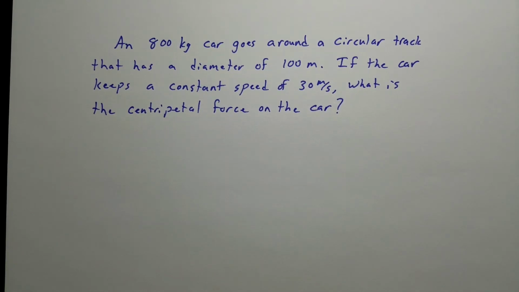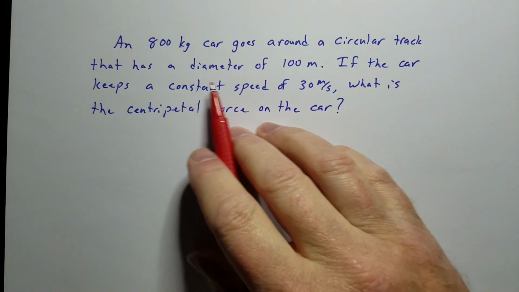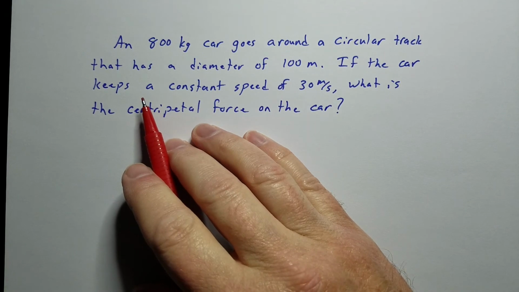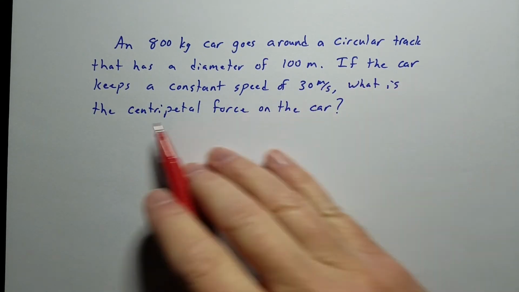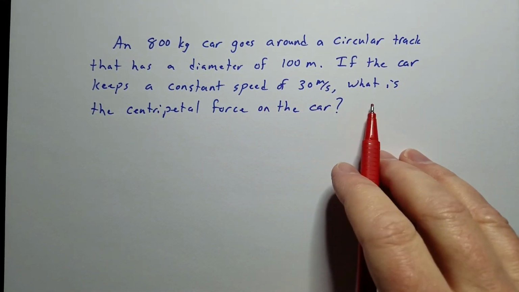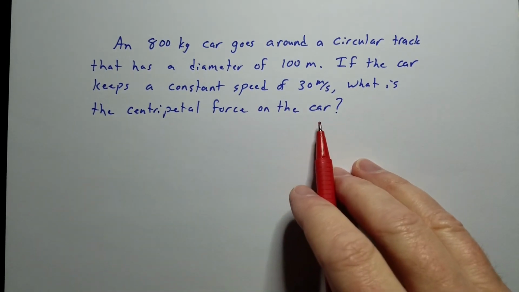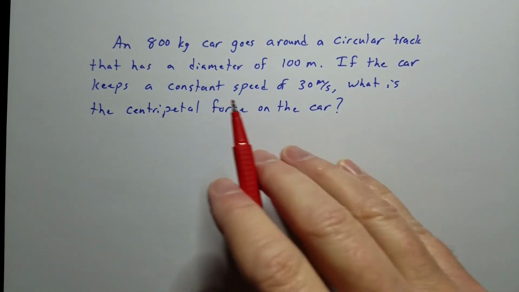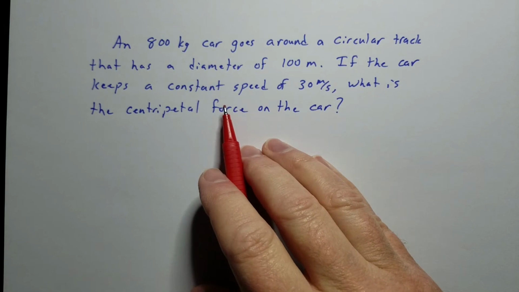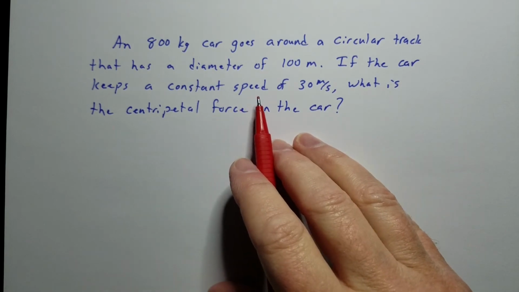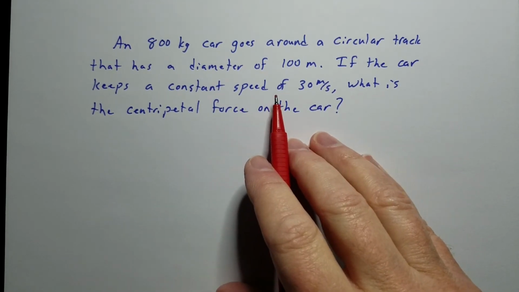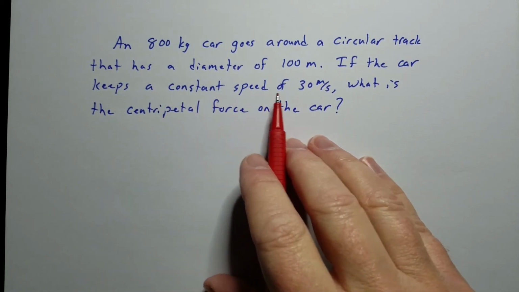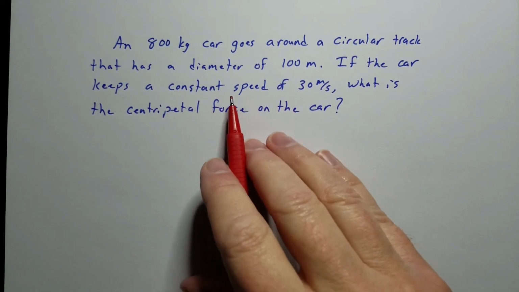Okay, on this one, we've got an 800 kilogram car that goes around a circular track with a diameter of 100 meters. If the car keeps a constant speed of 30 meters per second, what's the centripetal force on the car? All right, well, do we have to figure out the period for this one? No, because we're starting off with the velocity.